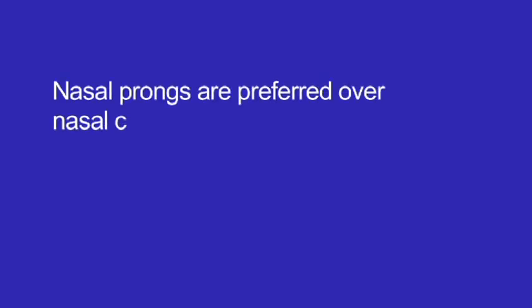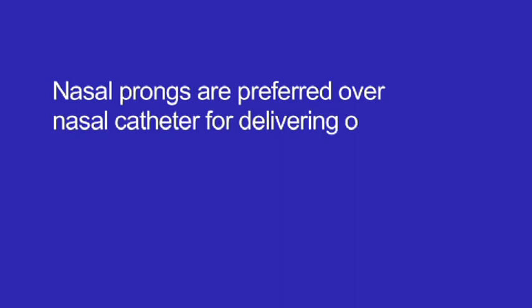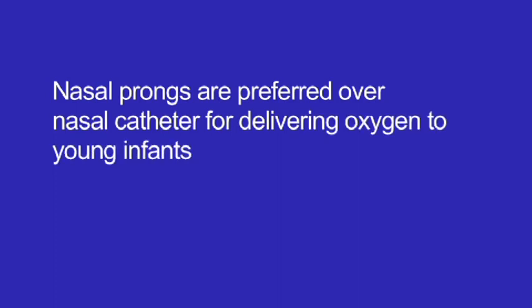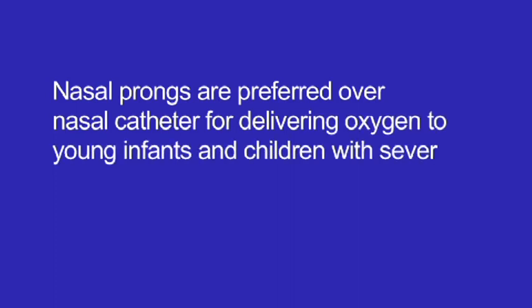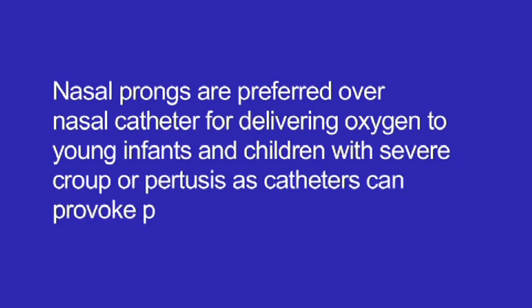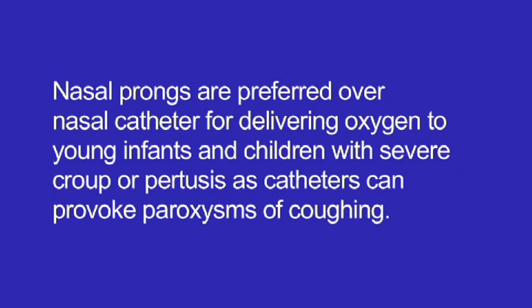Nasal prongs are preferred over a nasal catheter for delivering oxygen to young infants and children with severe croup or pertussis, as catheters can provoke paroxysms of coughing.